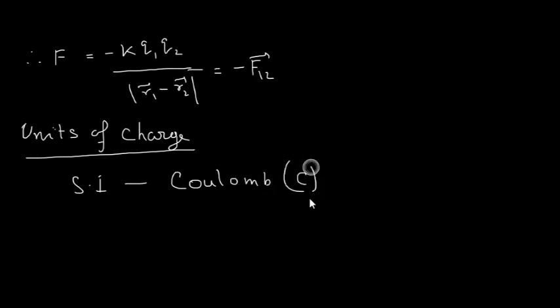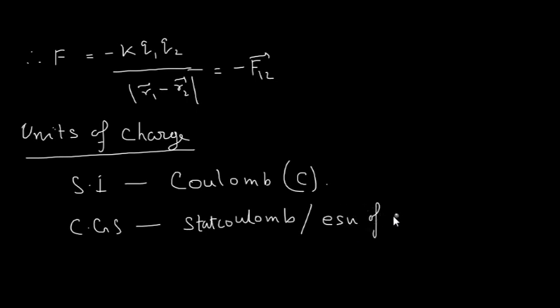It is also denoted by capital C. The CGS unit of Coulomb is stat Coulomb, or ESU of charge.